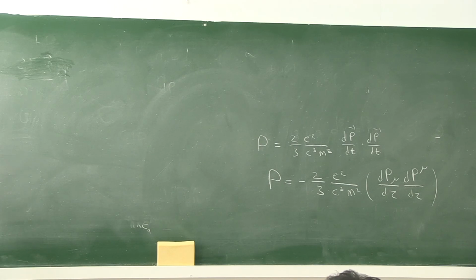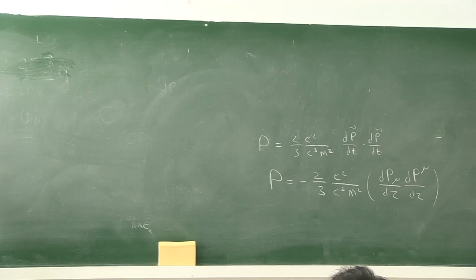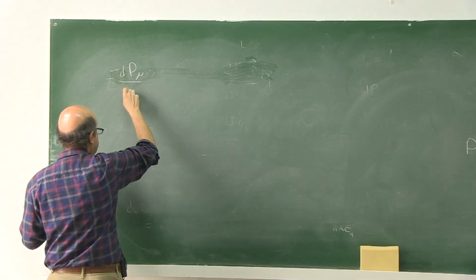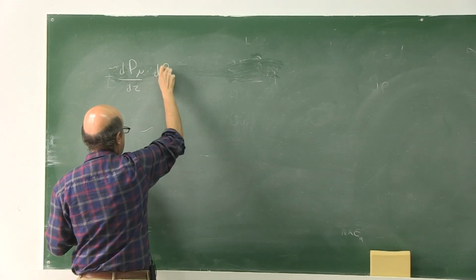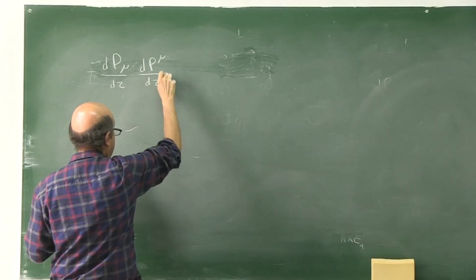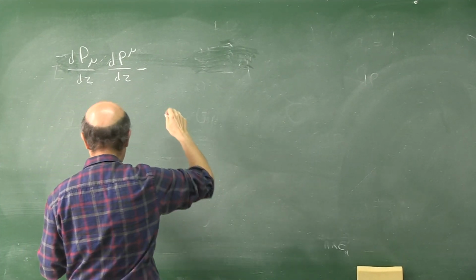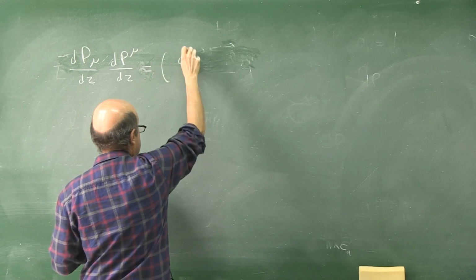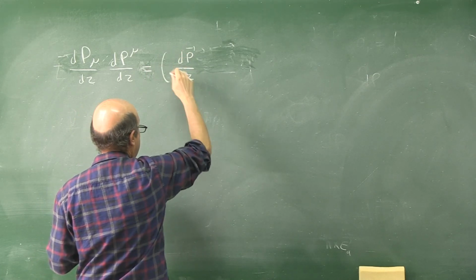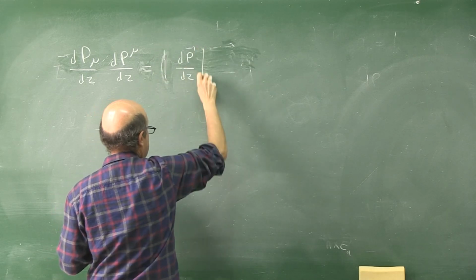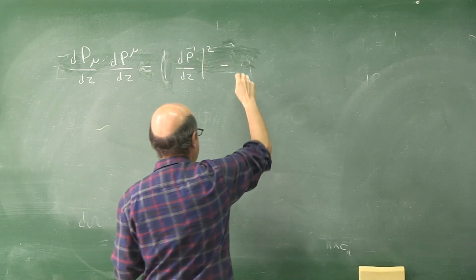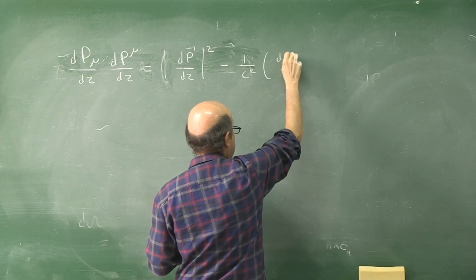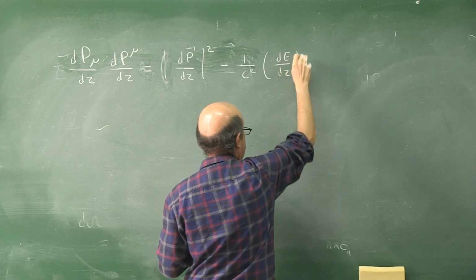The open form is the following: it could be written, with a minus sign, as the absolute square of dp over d tau minus 1 over c squared times (dE over d tau) squared.